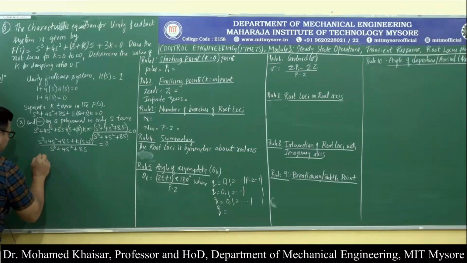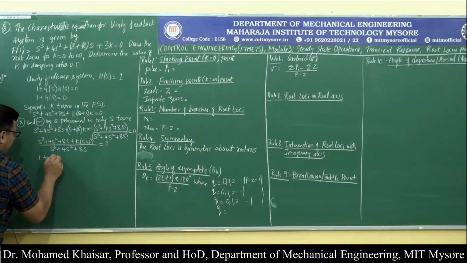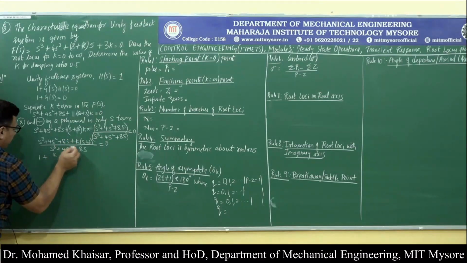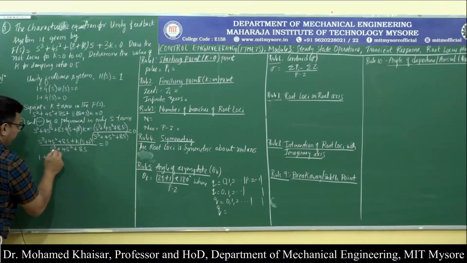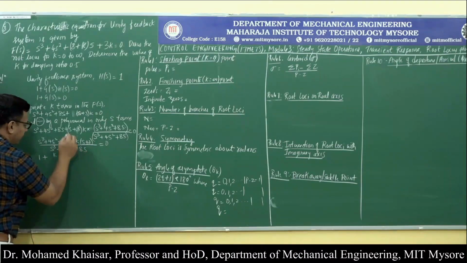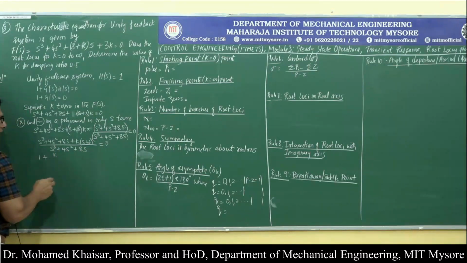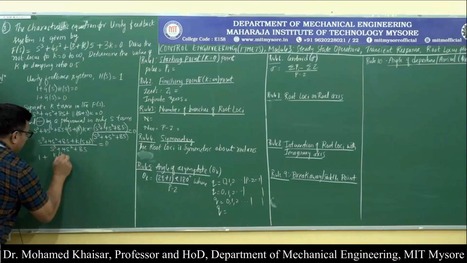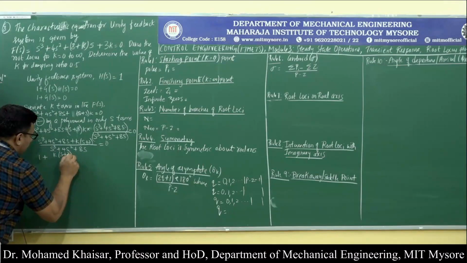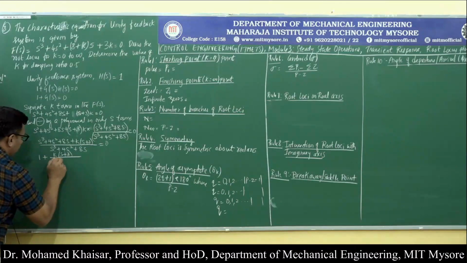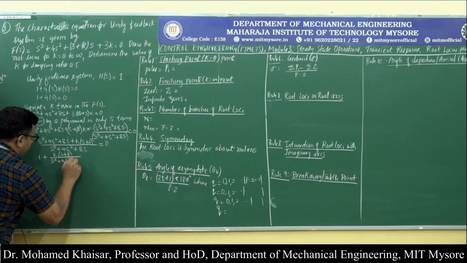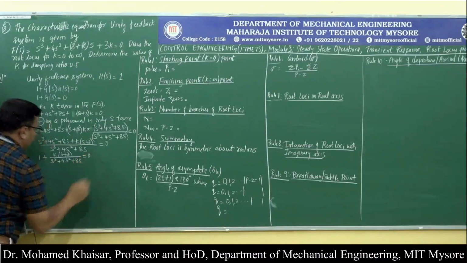Then this will give us 1 plus k into (s plus 3) divided by s cube plus 4s square plus 8s equal to 0.